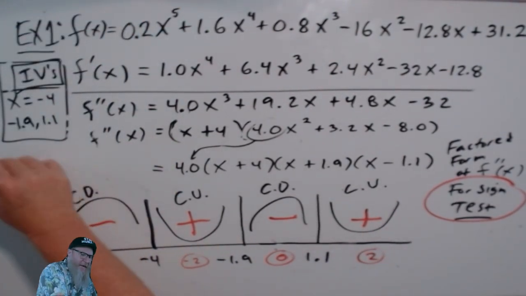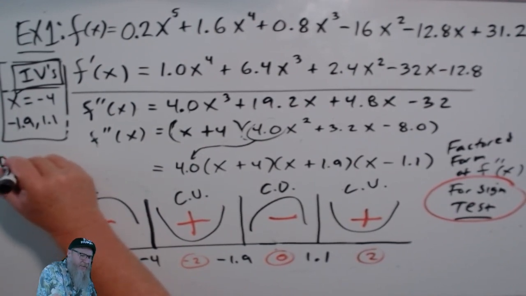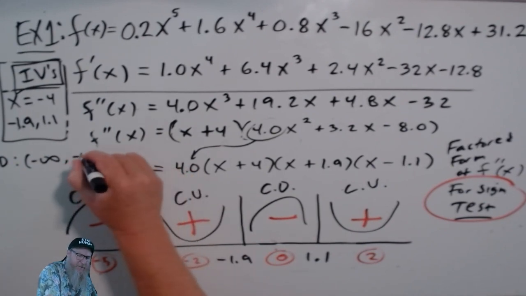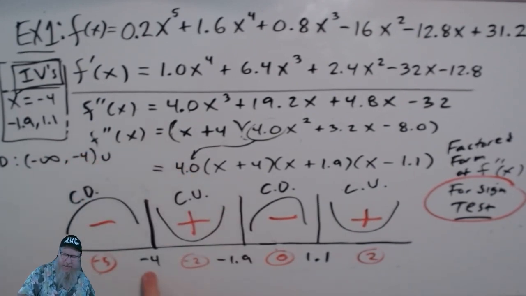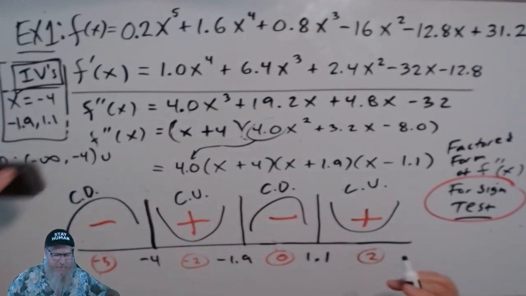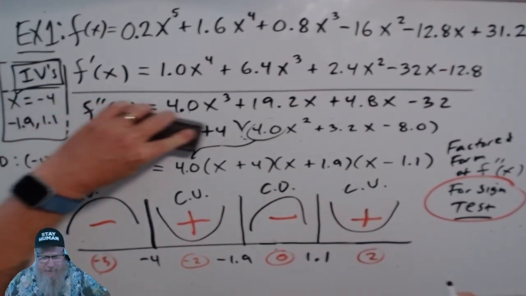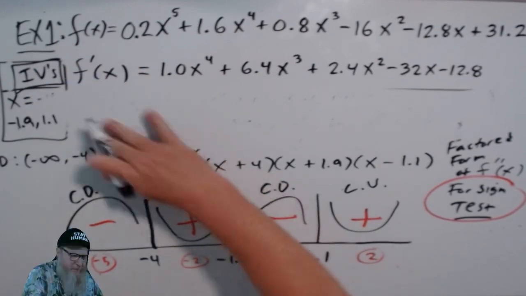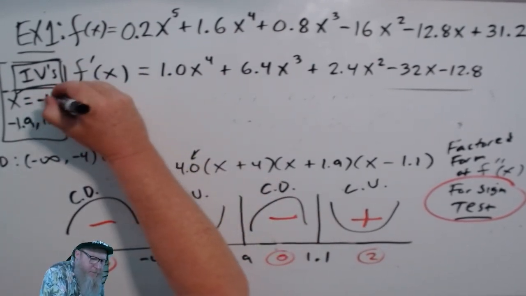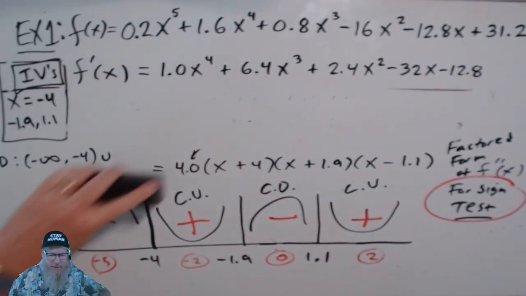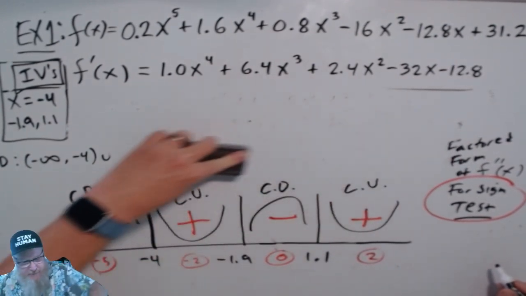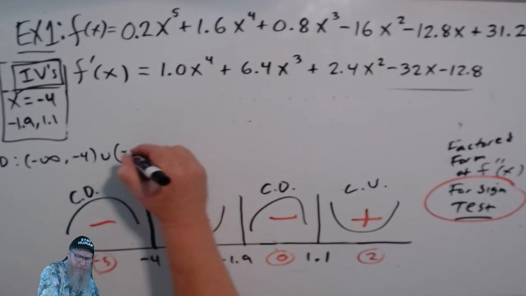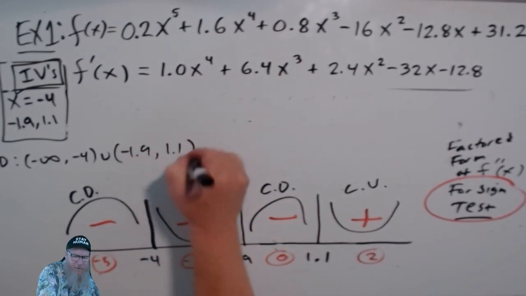All right, so we got concave down from negative infinity to -4 union -1.9 to 1.1.